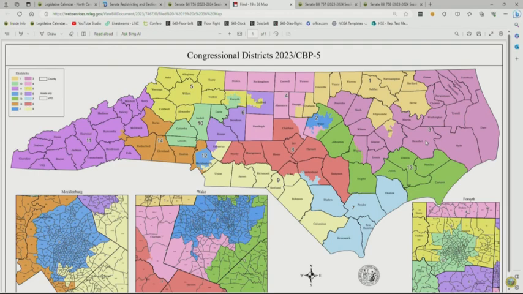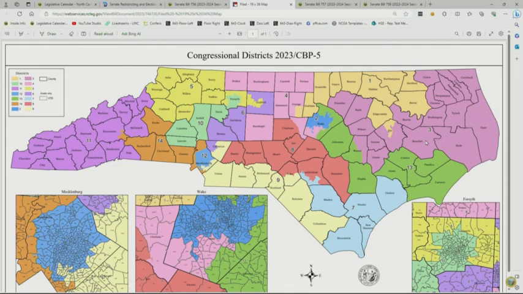Congressional District 13, which runs from Wake County to the East Coast. It's green.